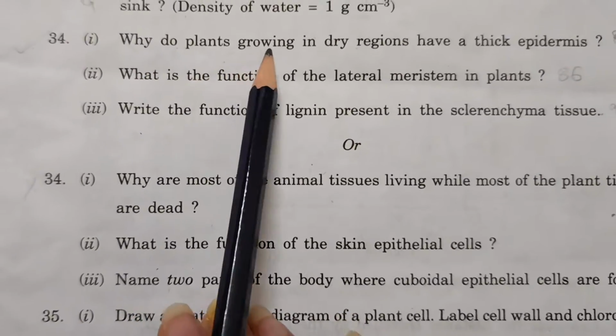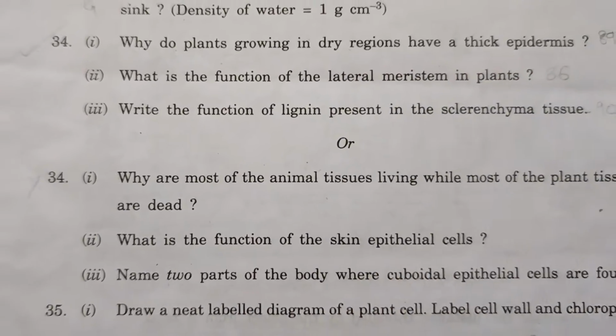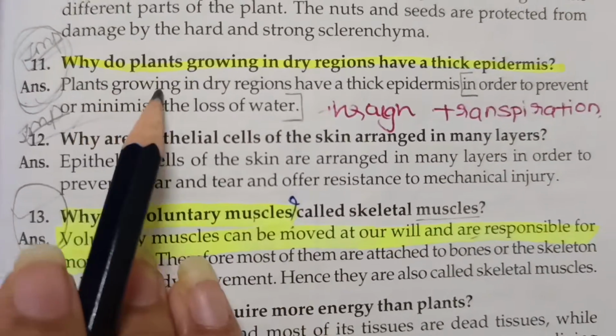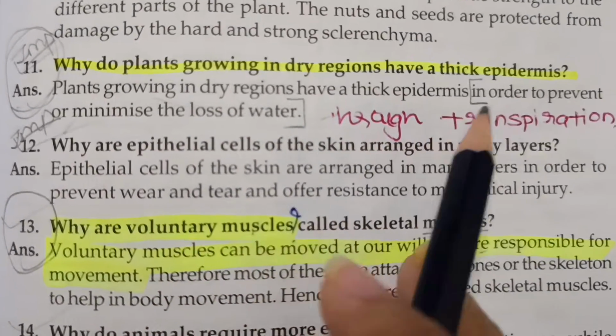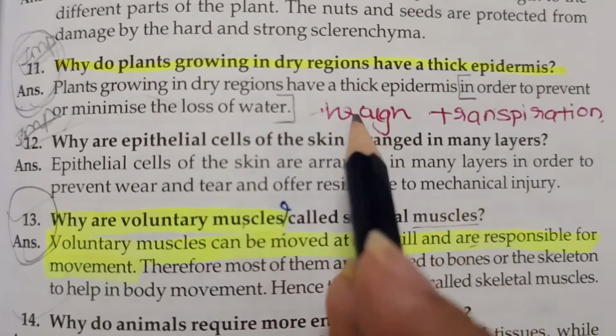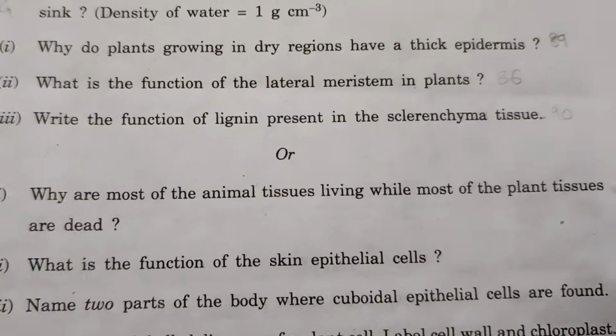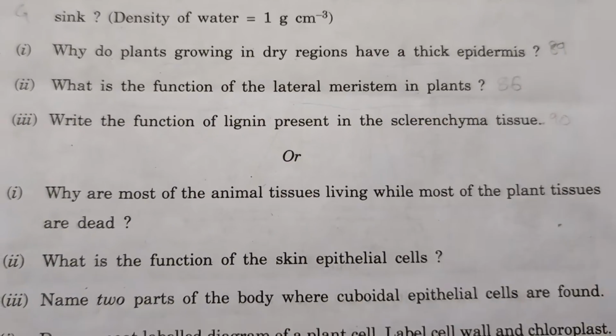Why do plants growing in dry regions have a thick epidermis? The answer is plants growing in dry regions have a thick epidermis in order to prevent or minimize the loss of water through transpiration. Question number 2. What is the function of lateral meristem in plants?